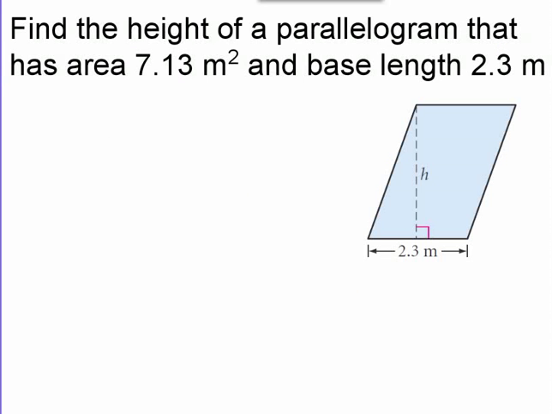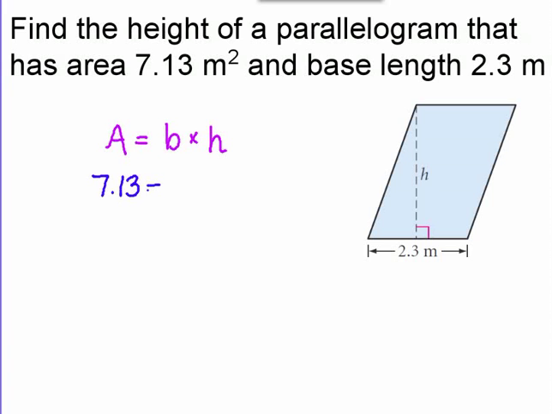So, find the height of a parallelogram that has area 7.13 meters squared and base length of 2.3. So what I want to find here is the height. I first of all know the area of a parallelogram is base times height. So let's plug in what we know. I know the area is 7.13.